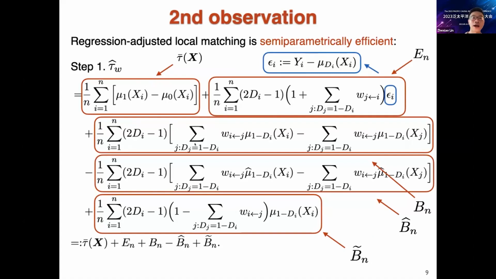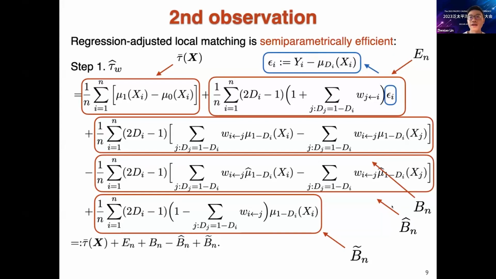From this decomposition you can also see why we need regression adjustment. Because if we do not use the regression adjustment, the decomposition will only consist of these three terms. But if we use regression adjustment, we will have an additional Bn hat.